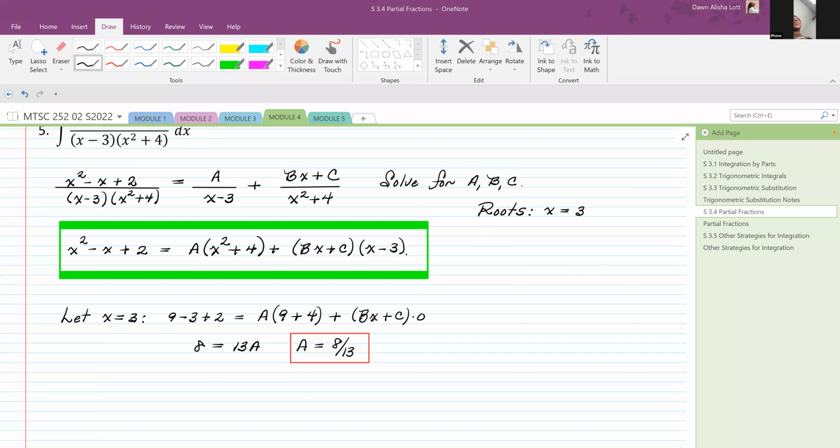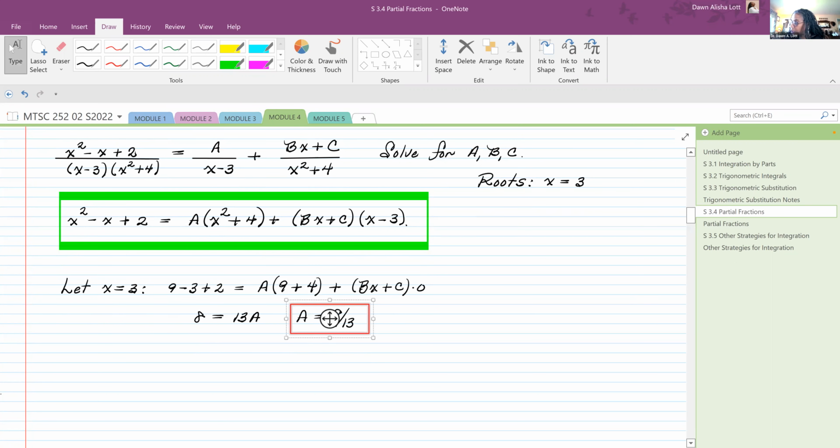So the problem is now that we have one variable. We still have to find the other two, but we ran out of roots. So we're going to choose some values. So let's choose x equal to 0, because that always is easy.